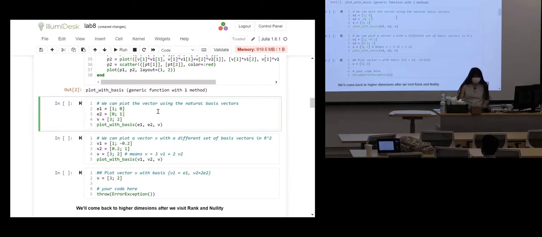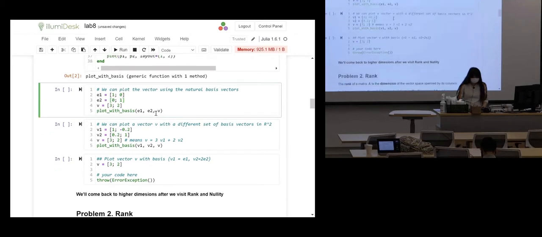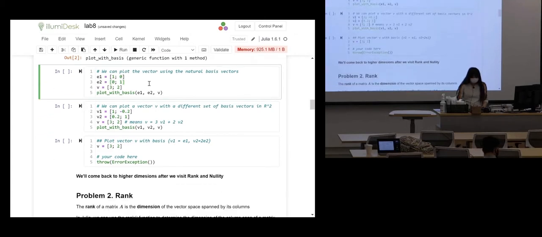In the first example, we plot the natural basis E1 and E2, and we plot the vector V using those bases. So let's run this.